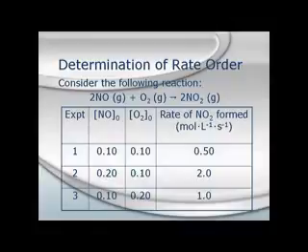So when we examine nitrogen monoxide, we're going to compare experiments 1 and 2. For oxygen, you can see that its concentration changes from experiment 1 to experiment 3, or from 2 to 3. And we would have to make a determination which pair we would want to use based on what happens with the nitrogen monoxide. Because the nitrogen monoxide is the same in experiments 1 and 3, whereas the oxygen varies between experiments 1 and 3, we would want to compare those 2 experiments.